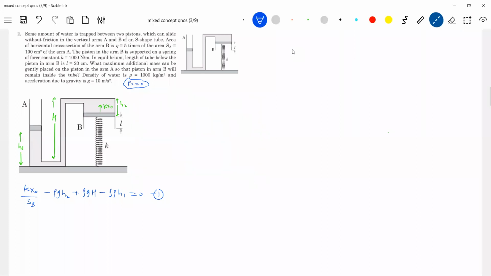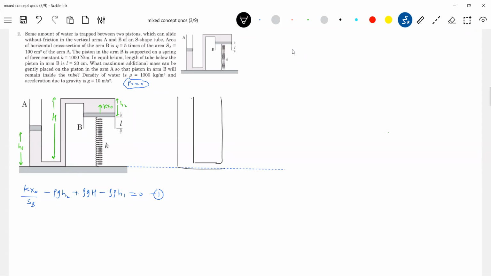Let me draw it to the same level. Okay, I tried my level best to get a better diagram.